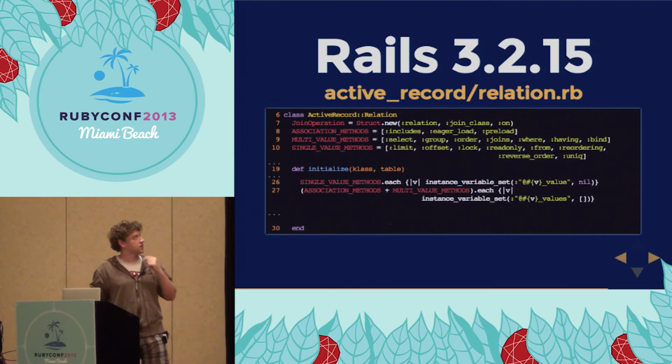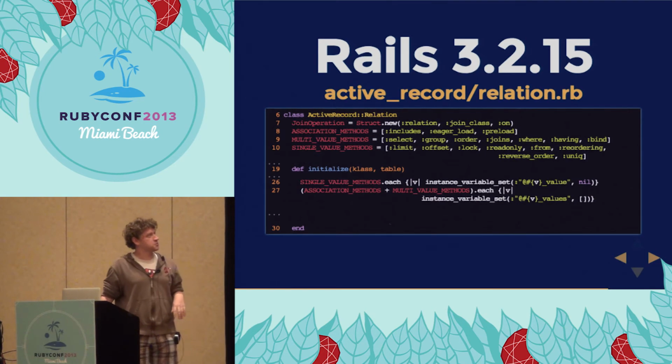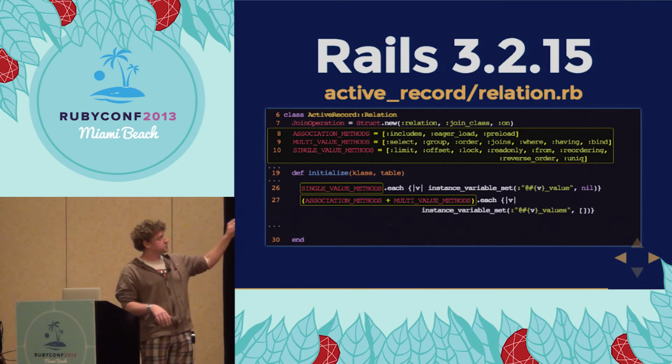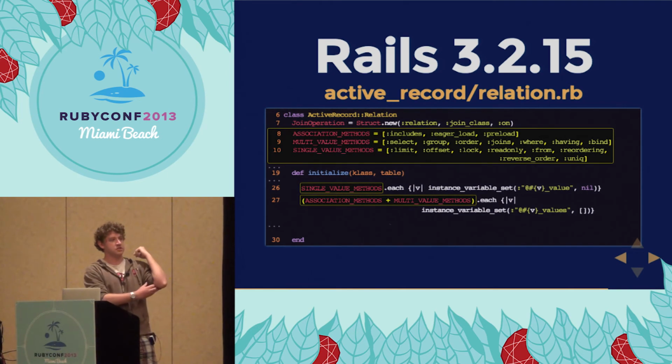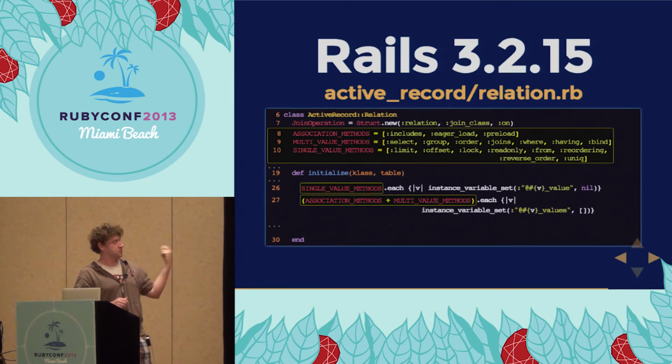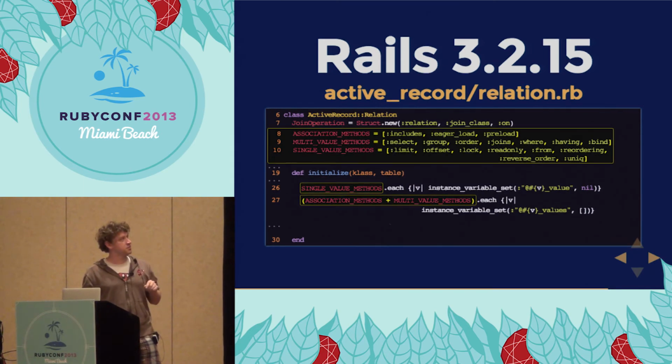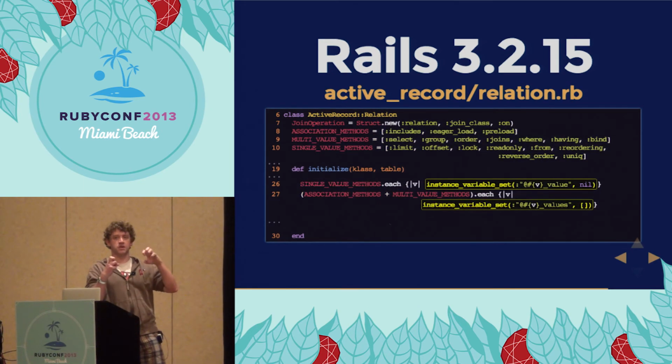If we look at active record relation, this class was pretty wild. So it starts with these 3 constants with lots of symbols in them, and these symbols are basically going to be instance variables. So as soon as we initialize a new active record relation, like if you're chaining relations or pulling things out of the database, you're initializing new relations, it takes each of these and it's going to do instance variable set and then build a string with what it wants to set, right?